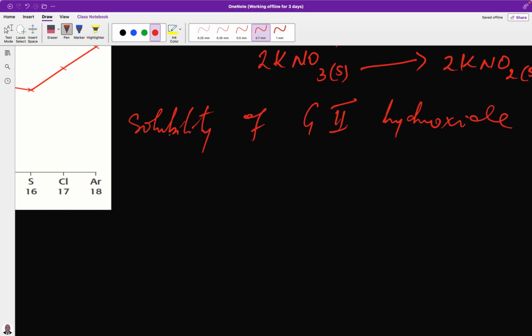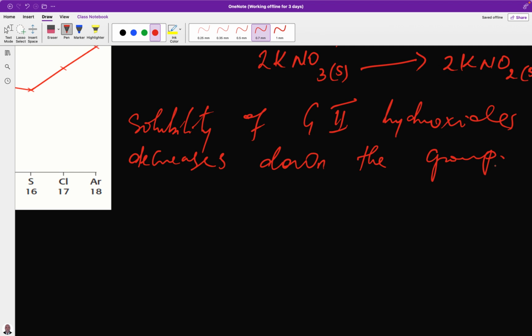Solubility of group 2 hydroxides decreases down the group. Even though all of them have the same charge, the atomic size is the one influencing this.